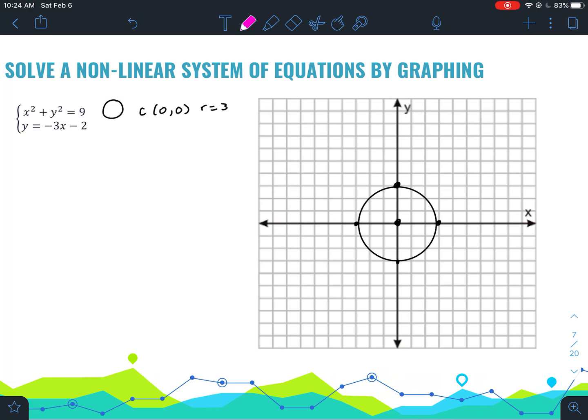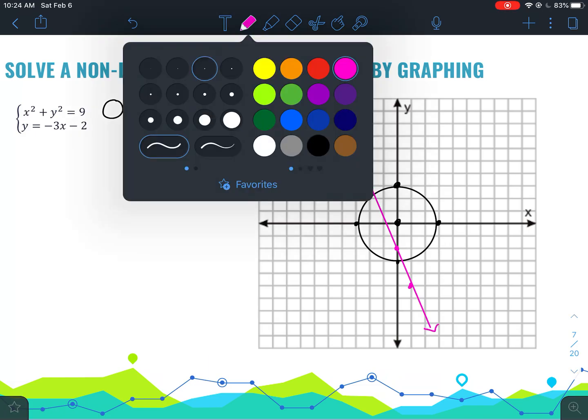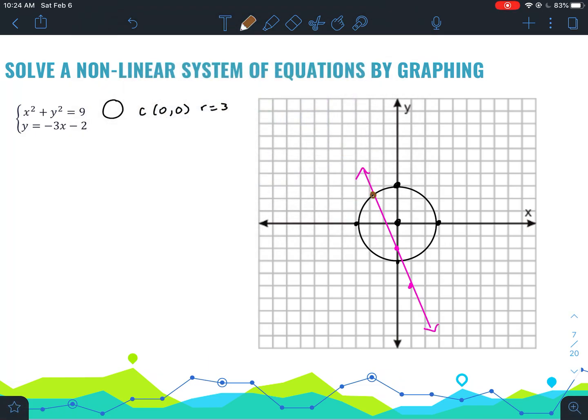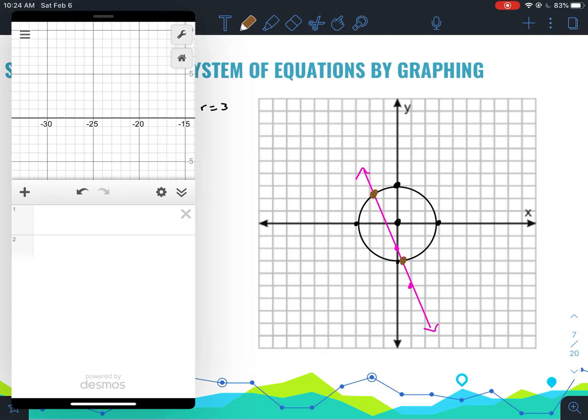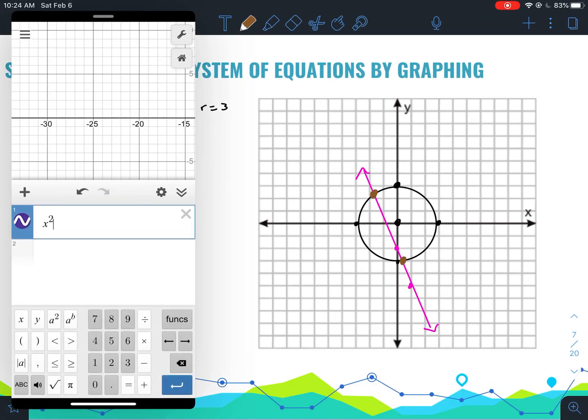And the second one is a line that starts at -2, and then it goes down 3 and over 1. And then we can connect that line. And so the solutions to the system would be where the line and the circle intersect. So at that point and that point, we can estimate those solutions, or we can go on Desmos and find their actual solutions.